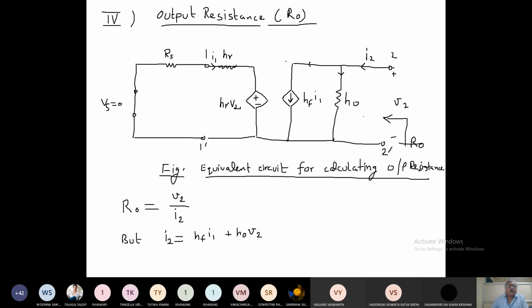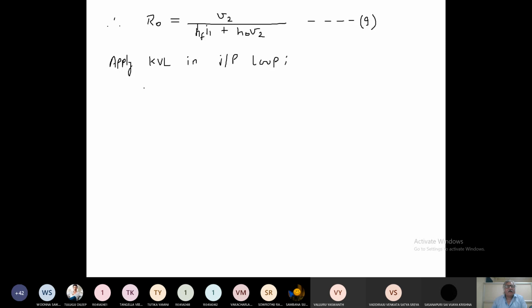We will get HR V2 plus I1 HI plus I1 RS is equal to 0.